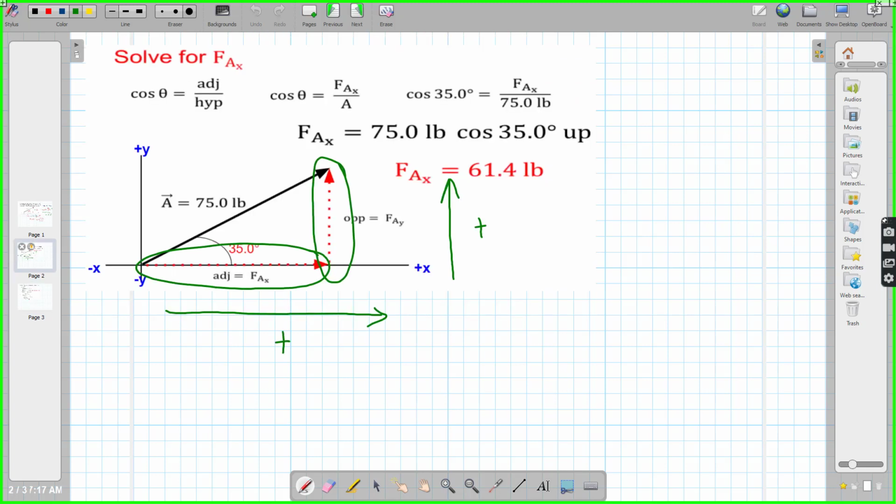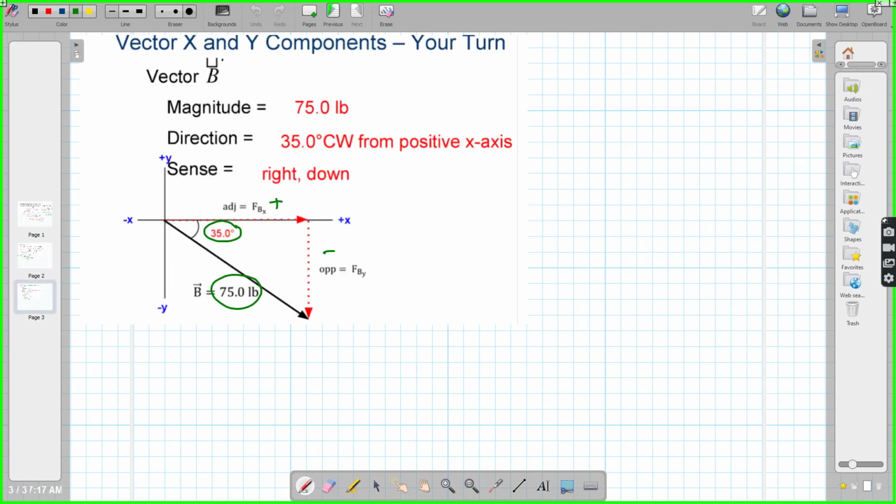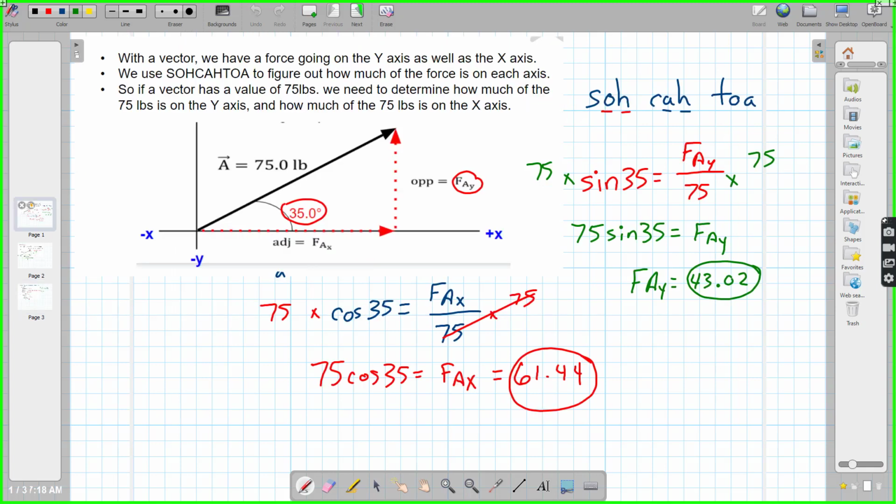So let's go back to our previous one here. Our x, we said, is going to be 61.44. All right, let me clean that up a little bit. Instead of FA, this is going to be FB. So now we're looking at FBY as well. Really, we've got the same numbers, don't we? It's going to set up the same way.